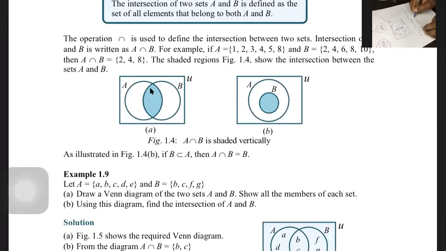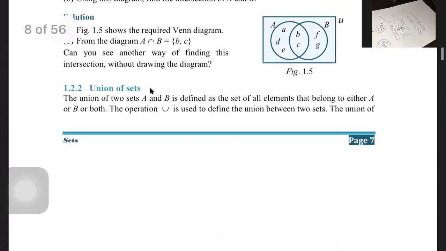Now from here, I have 6. And then 8 is here, and 8 is here. And the last one is going to be 10. So you realize that every number I find in the union set can be found in A or B or both of them. That is how the union set actually works. Good.